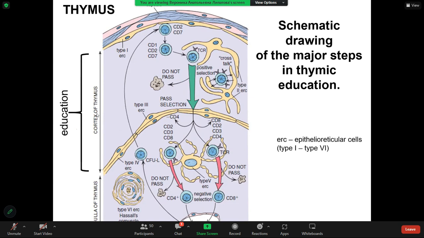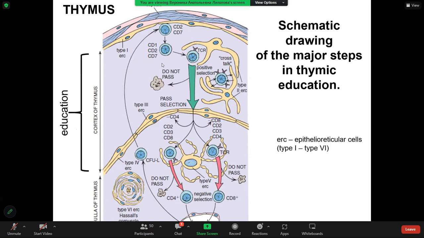All these compartments of thymus form a very strong barrier, preventing the entering of foreign antigen during education of this cell. First of all, here we can see appearance of T cell receptor, and after this, the education.